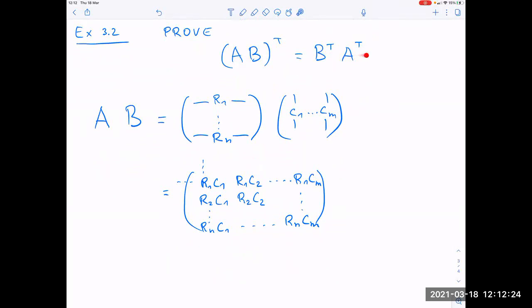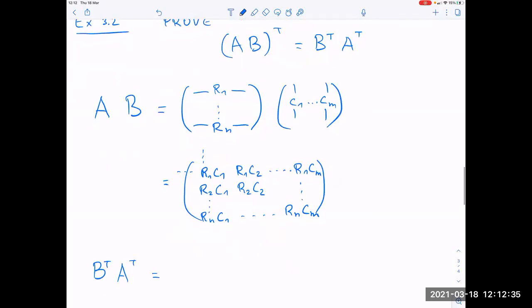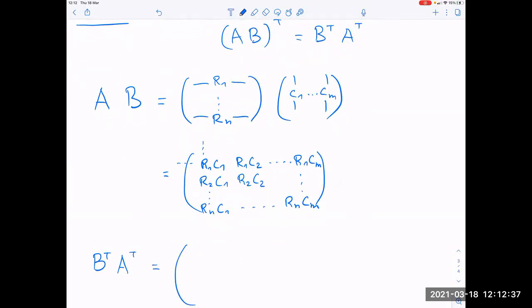Now let's have a look at B transpose, A transpose. And now you tell me, what is the best way to write B transpose if I want to play this game? What are the rows of B transpose?